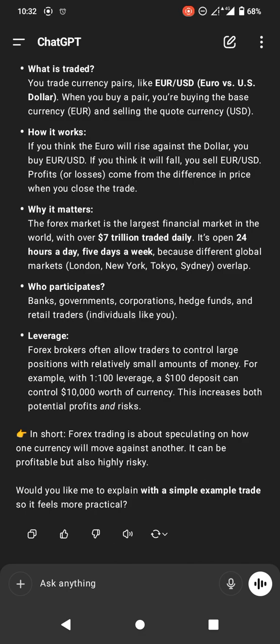The big banks in your area, all the banks in your area, are trading forex. The governments too, the U.S. government, the Russian government, the China government, all of them are trading forex. So how are you trading forex now?